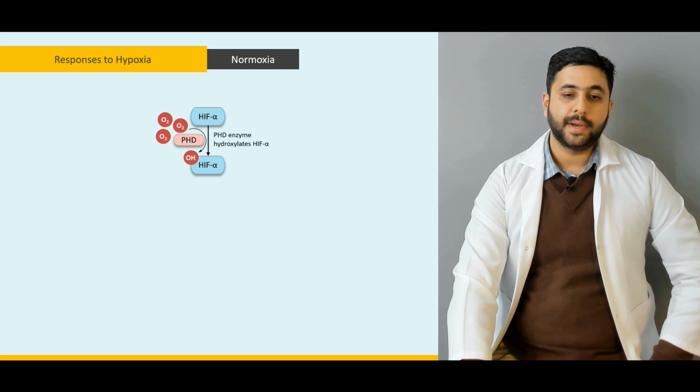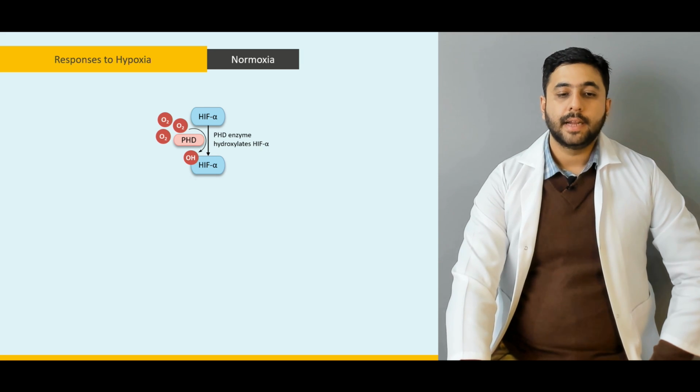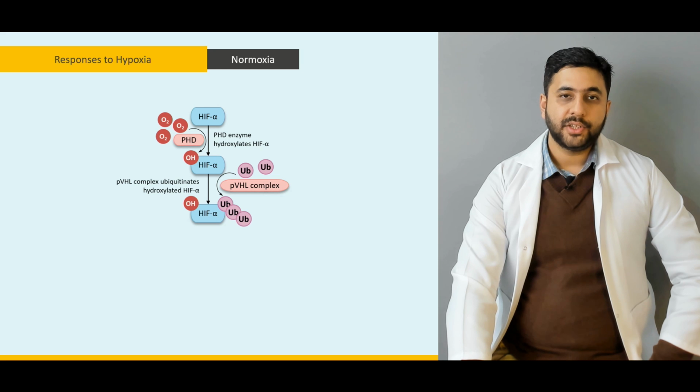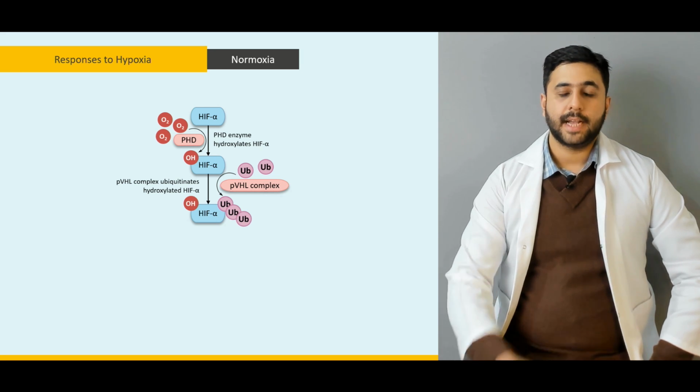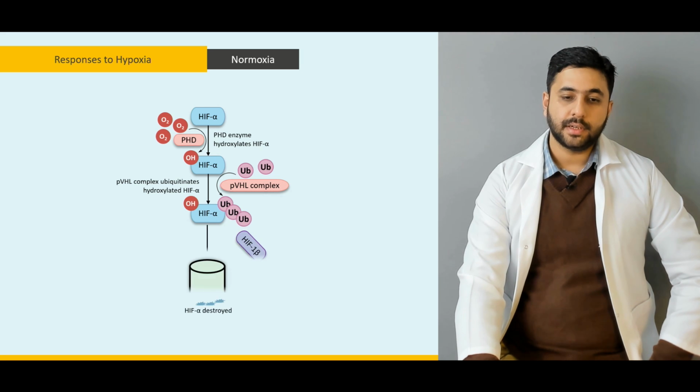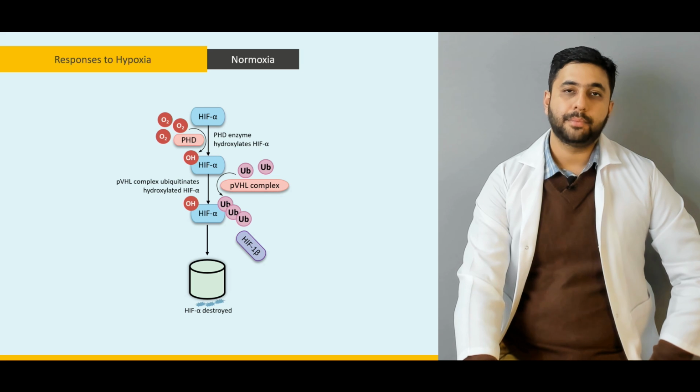This step is carried out by the PHD enzyme. This hydroxylated HIF alpha is then tagged for degradation by ubiquitin. Ubiquitins are basically proteins that tag certain proteins in the body for destruction. This destruction is primarily carried out by the proteasomes.